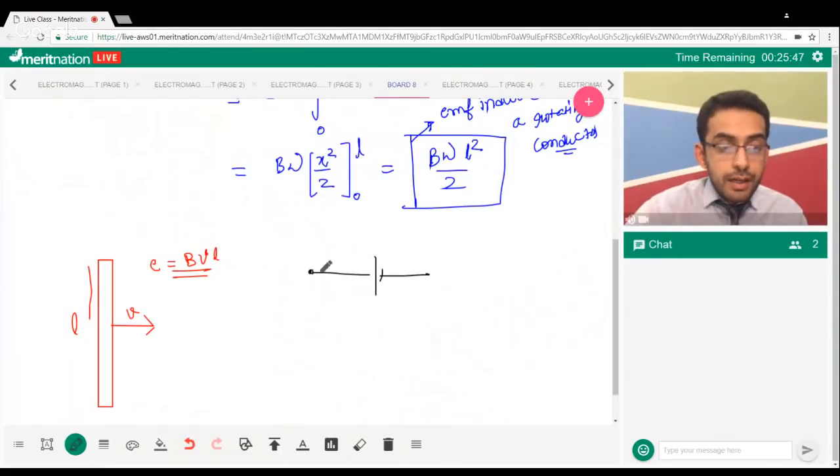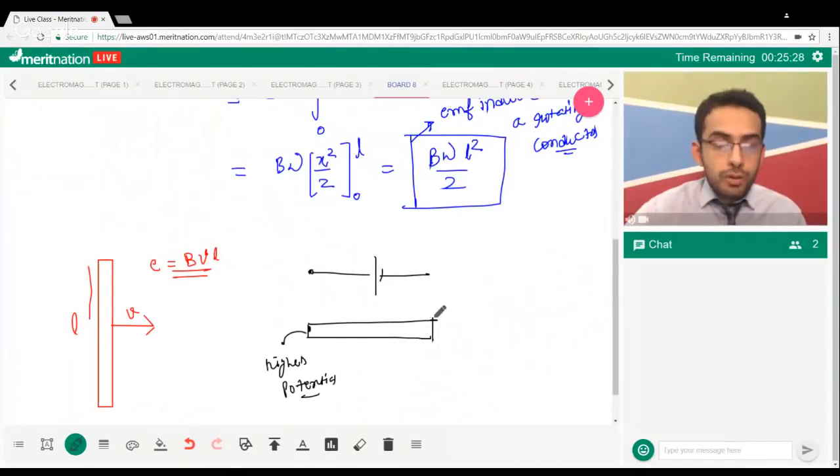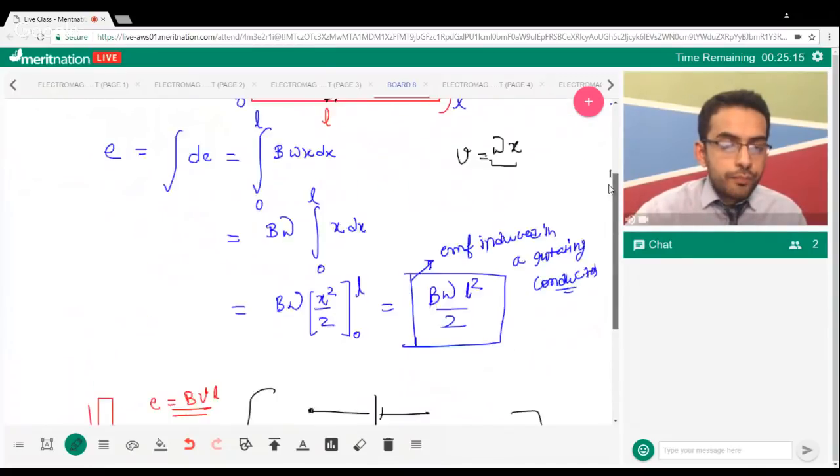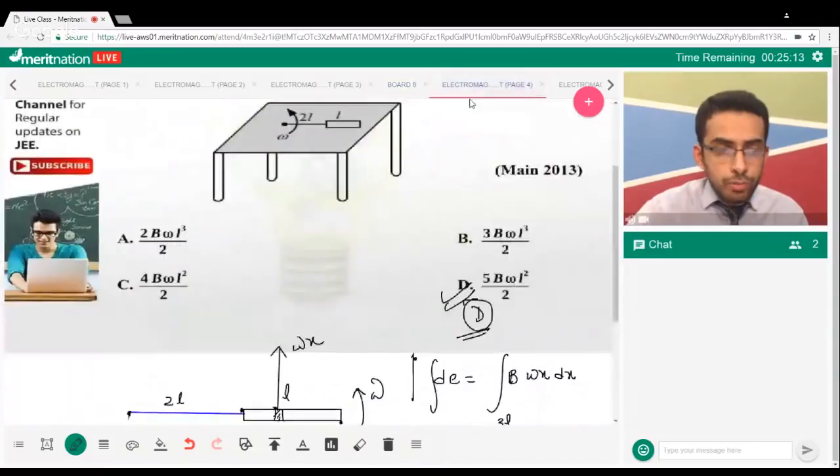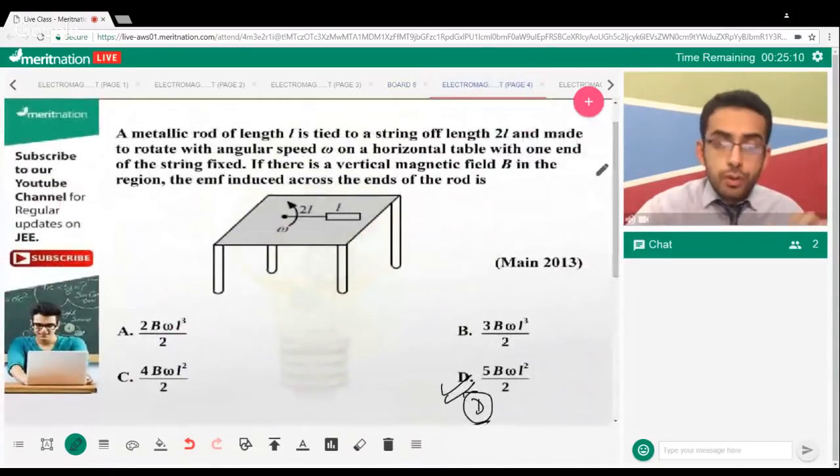The hinged point is always at higher potential, and the outer point is at lower potential. So you have to understand this. That's all about the EMF induced in a rotating conductor.